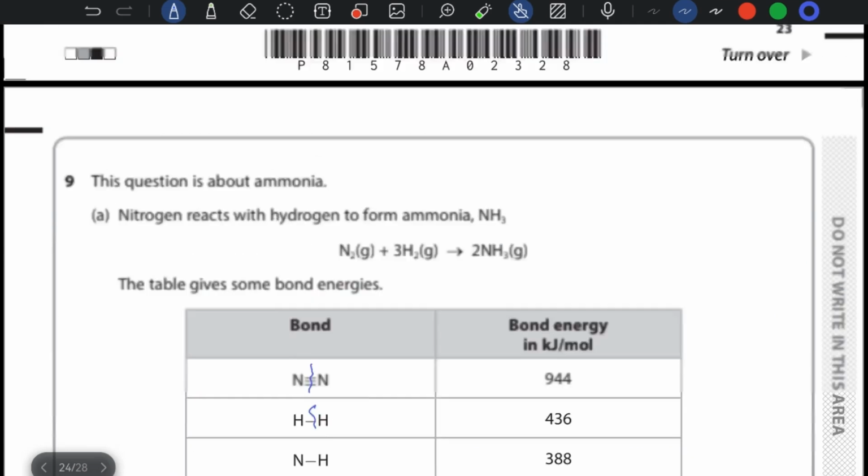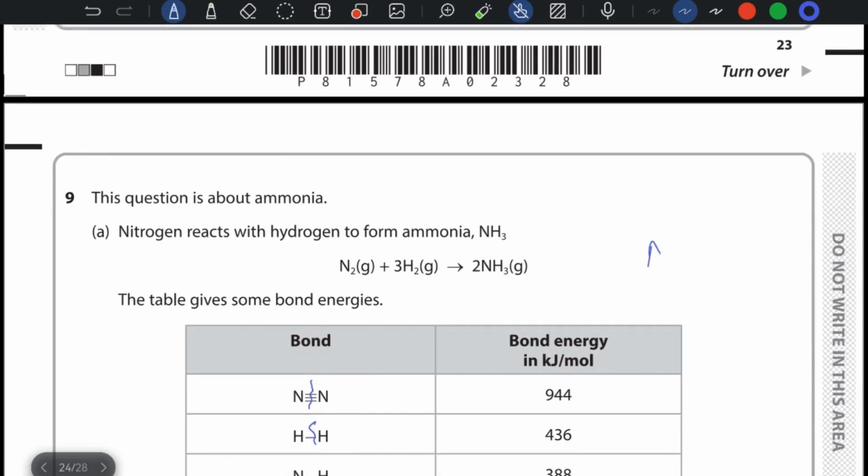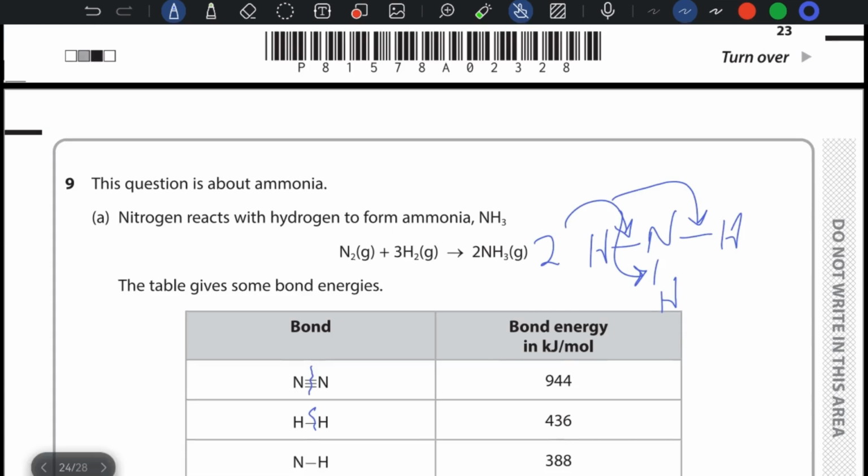Bonds made: we have ammonia, NH3, with N-H three times, times 2, so it's 6.